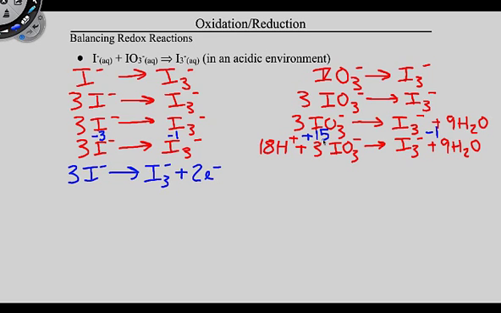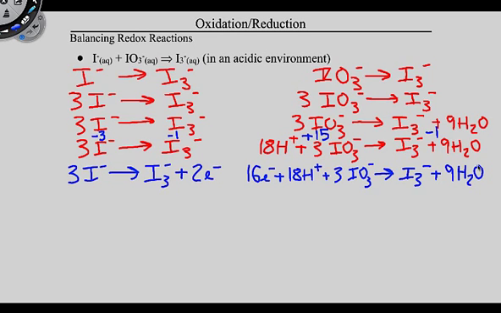So we're going to go 16 electrons plus 18 protons plus 3 IO3 minuses yields I3 minus plus 9 waters. Okay, my pen's still on the board. This doesn't count.